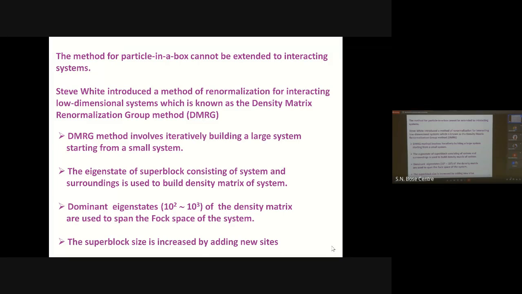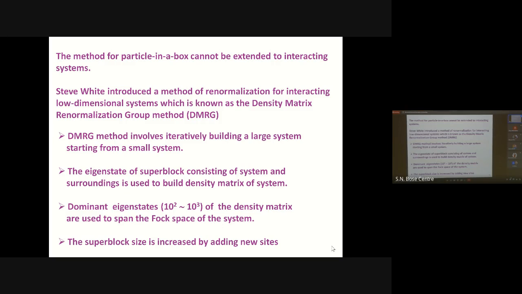Then you take those eigenstates of the density matrix and renormalize your Hamiltonian of the 3 particle system on the left using that. I'll come to all those things in a while, but I'm just telling you how it is done. Incidentally, I want to tell you that the idea of using density matrices for doing correlation energy calculations is not new. Chemists were using 1 particle density matrices, and the eigenstates of 1 particle density matrices were called natural orbitals.